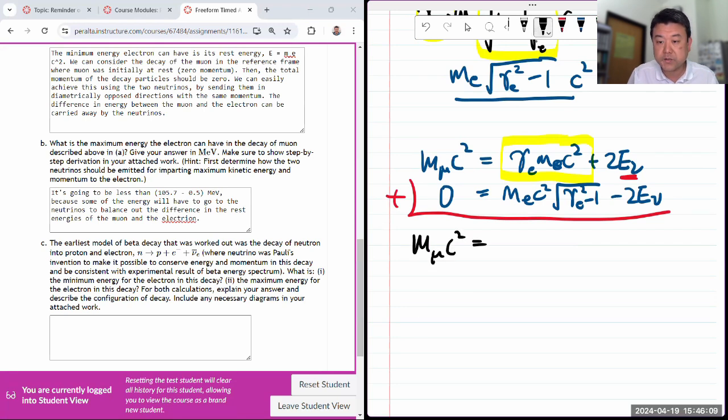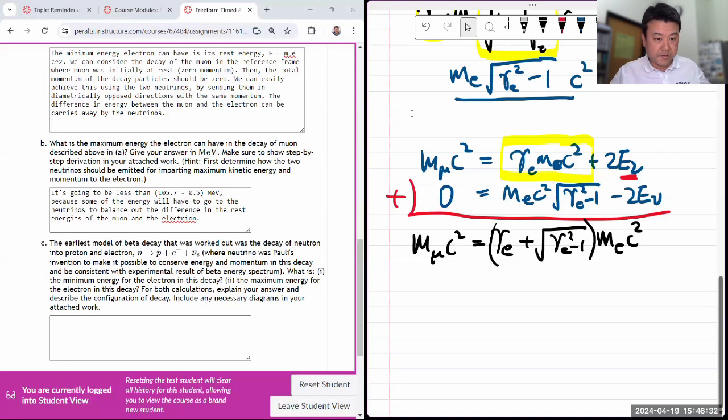Mu c squared is equal to gamma e. Let me factor out me c squared to the right. So it's going to be gamma e plus square root of gamma e squared minus 1 times me c squared. So solving for, yeah, all right, it's going to be complicated.